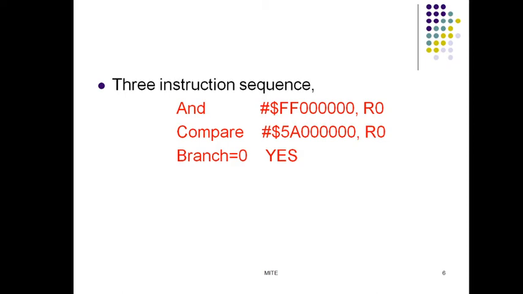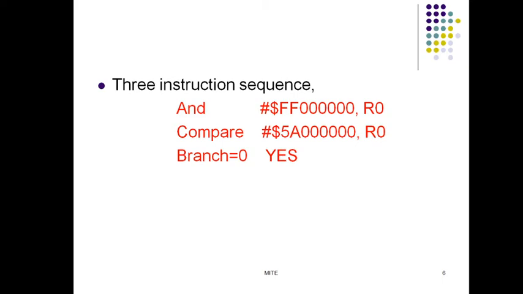So the compare instruction compares the remaining characters at the left end of R0 with the binary representation for the character Z. So we'll be comparing the leftmost character with the binary code of Z. So the branch instruction causes a branch to S if there is a match. If it is matching, then it causes a branch to S.